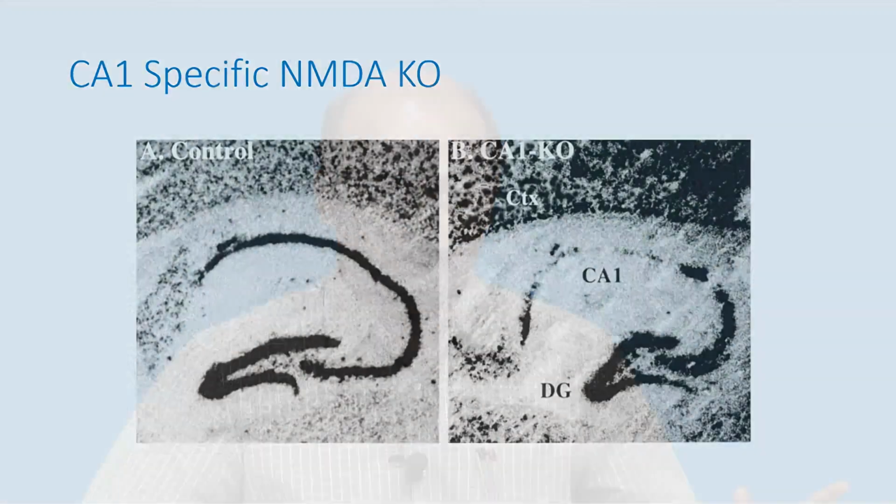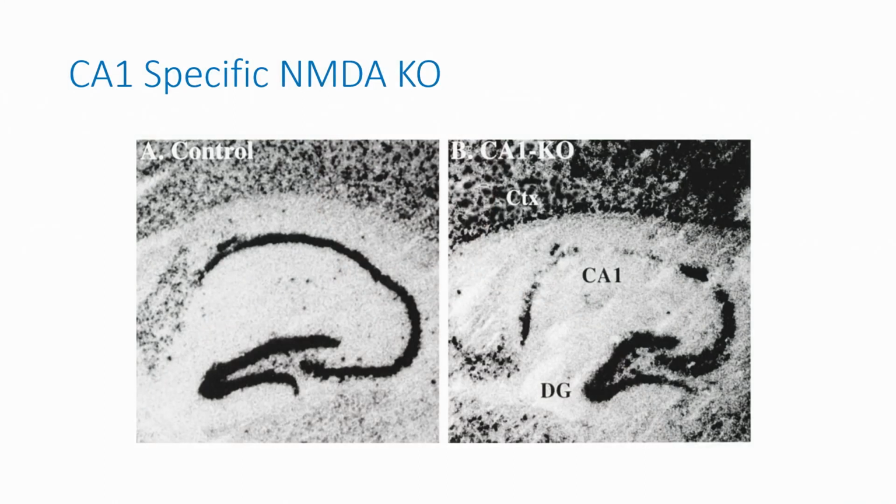The localization is so good that we can actually go down and dissect out the molecule only in the CA1 region. How do we know that? We saw this picture, where you can stain for the presence or absence of this molecule in terms of its mRNA.